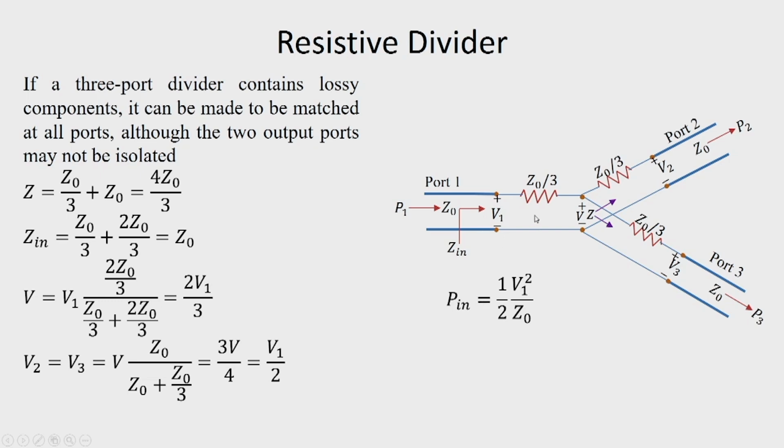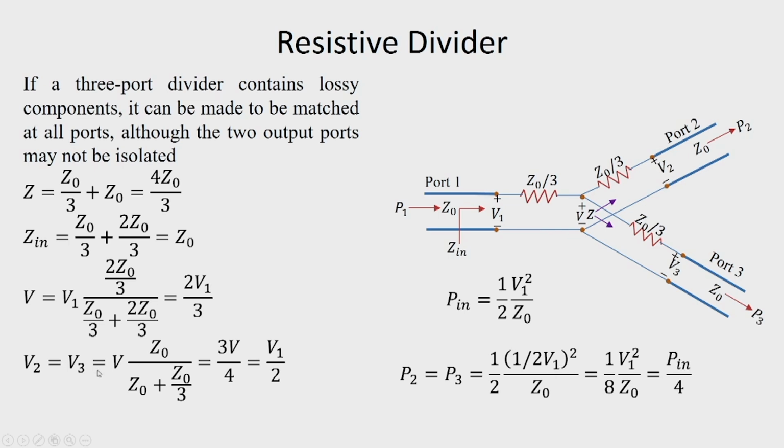So, the entire power goes into the power divider, and then P2 equal to P3, and that becomes equal to half V2 square or V3 square.